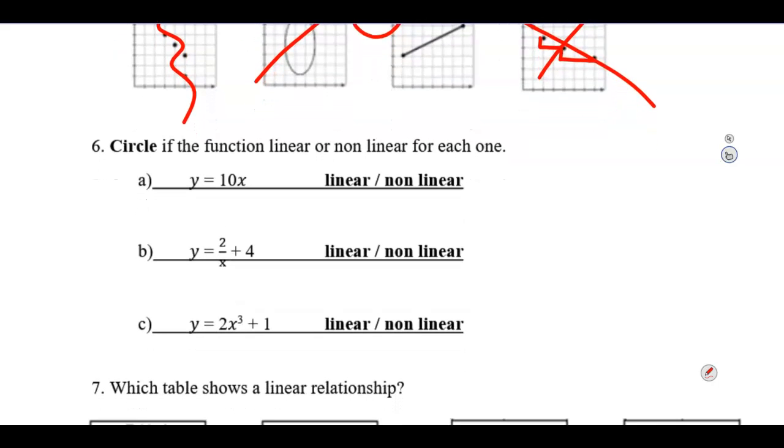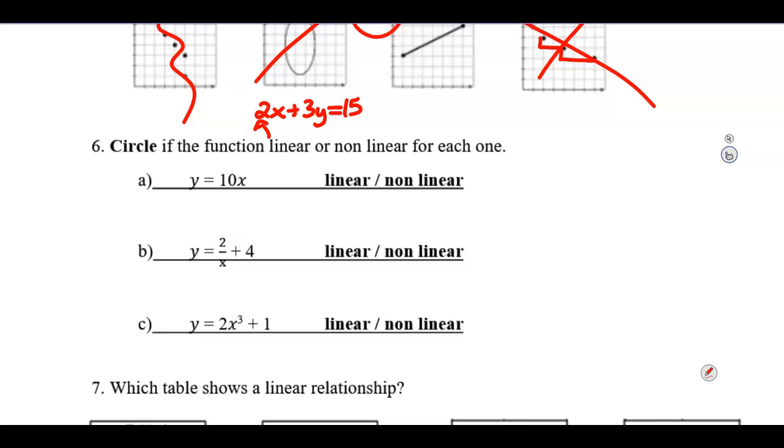Now for number 6, this is where we're going to use that partner note sheet that says what a linear or nonlinear function is. So linear, there are 2 things, remember. It has to be in the form where you see something like 2x plus 3y equals 15. That's called standard form.